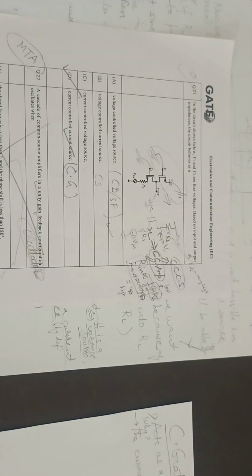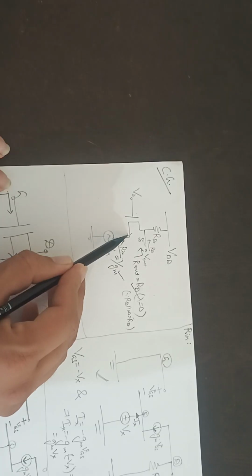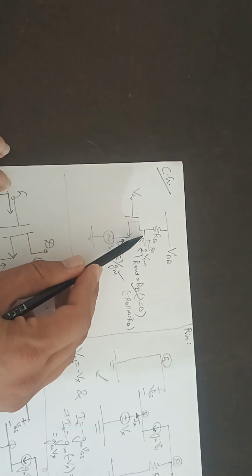Now when we look into the common gate case, this is the common gate stage where input is given at the source and output is taken at the drain.